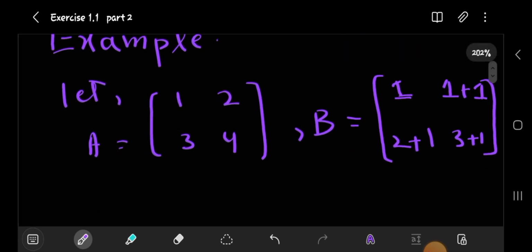Now if we check the order of matrix A, its order is 2 by 2.